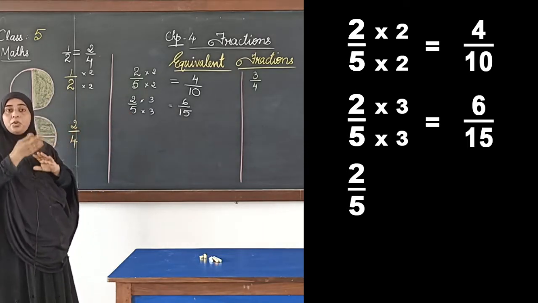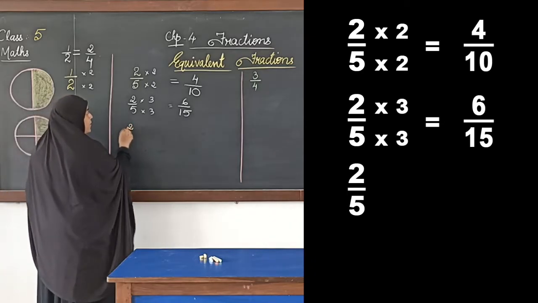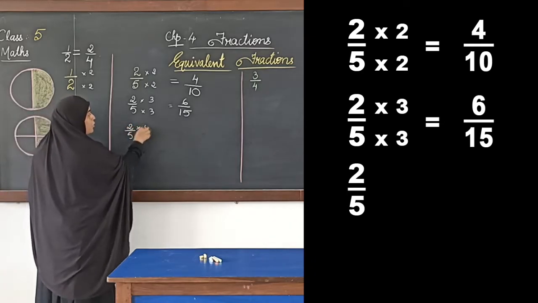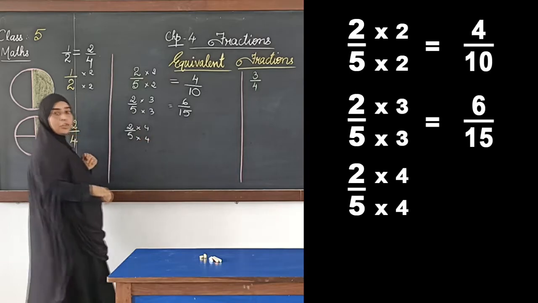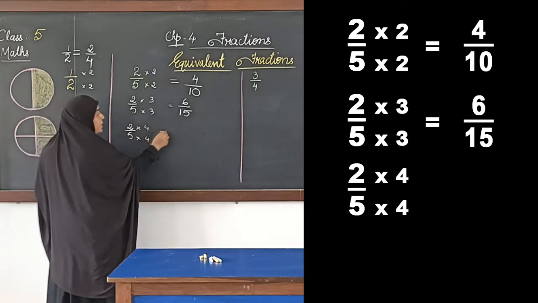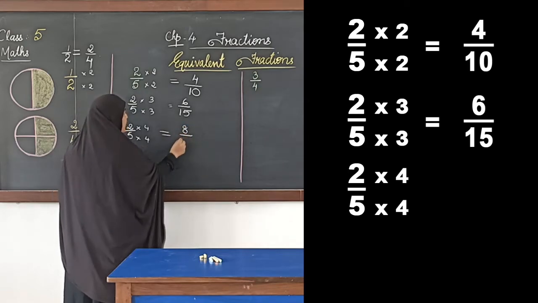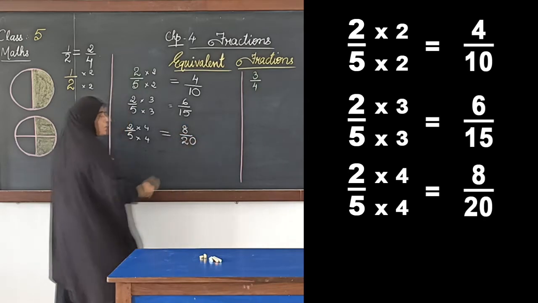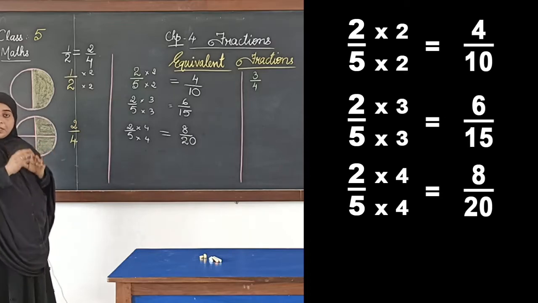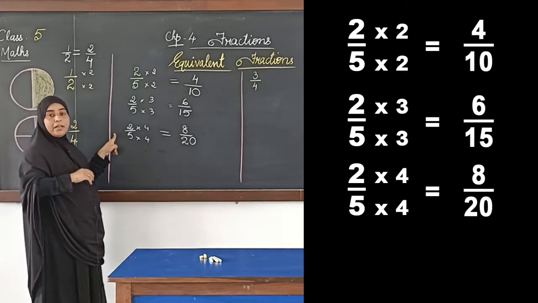I can get more. I can multiply 2 by 5 with 4, 4 in the numerator and 4 in the denominator. If I multiply both numerator and denominator with 4, I will get 8 by 20. Again, 8 by 20 is an equivalent fraction of 2 by 5.